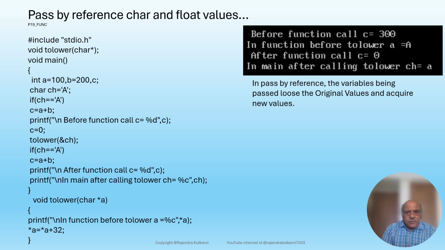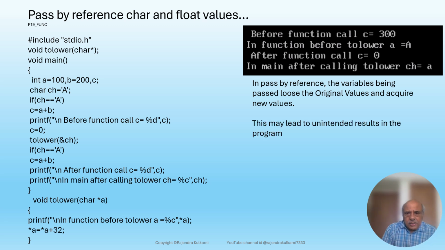What happens in a pass by reference kind of mechanism is that the variable being passed to the function loses its original value and acquires a new value.